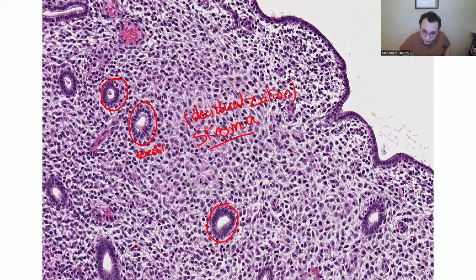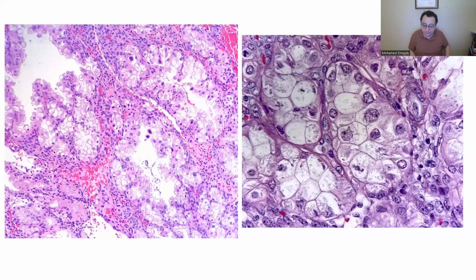And the progesterone has a secretory effect on the stroma, so this leads to the decidualization change in the stroma, because progesterone maintains the pregnancy, right? So the environment around the baby should be full of secretions and full of nutrients. That's what happened in the stroma here.